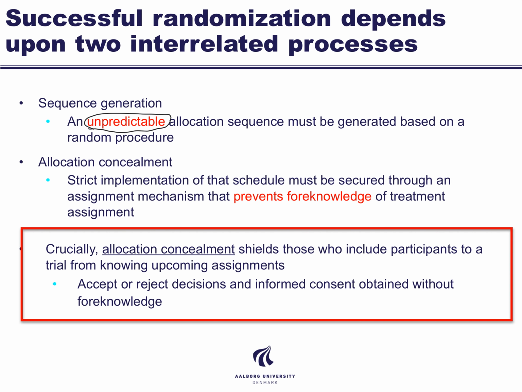And you need to secure that you do it and prevent any foreknowledge of treatment assignment. So basically, you want to avoid that the person who recruits a certain subject, an older adult with knee OA, knows that this subject will end up in the new intervention group. You have to be really, really careful and prevent foreknowledge of treatment assignment.